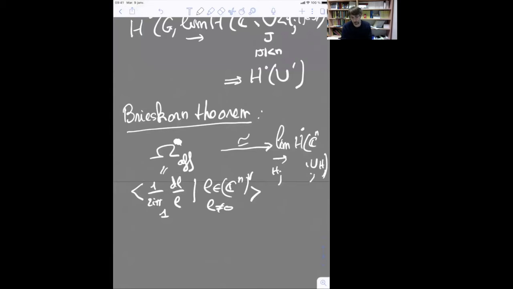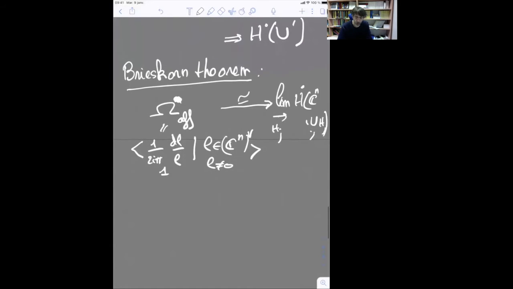I should say that Brieskorn's theorem can be stated with finitely many hyperplanes. If you erase finitely many hyperplanes and you consider this algebra, then the map to cohomology is in fact an isomorphism. So it's quite remarkable that you can describe all the cohomology only using this algebra. Of course, it remains to have one interesting question that was tackled later by Orlik and Solomon, which is to understand exactly what the relations between these forms are.